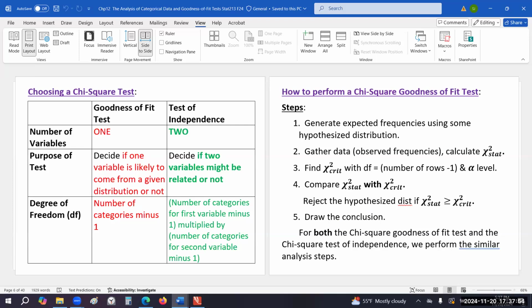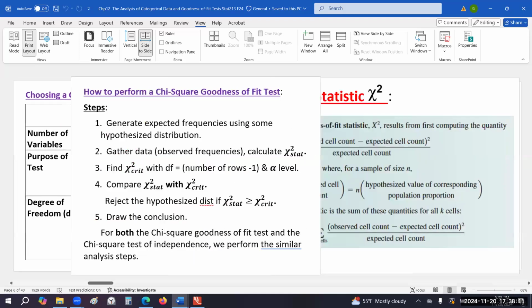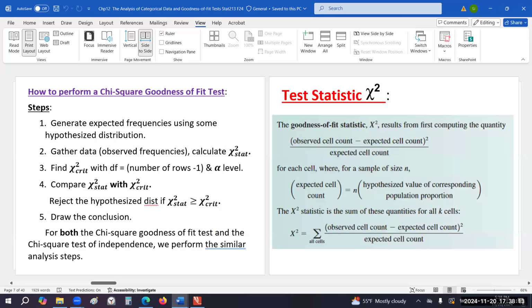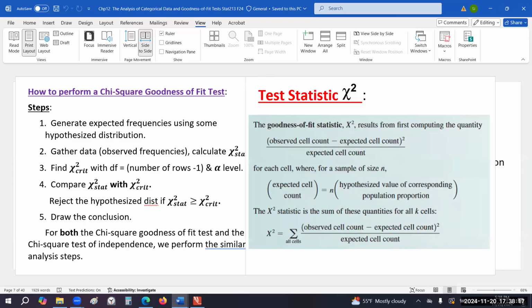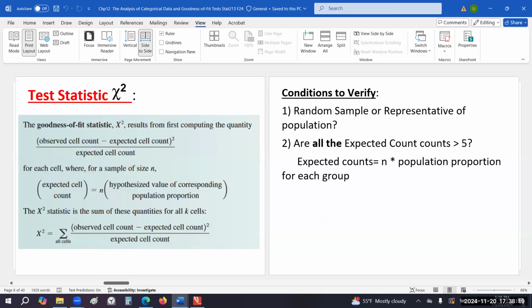And we do the same thing we did for the z-test and t-test. First, we need to find some type of test statistic and then the critical value. We compare them and then we see what conclusion we can make. Do you reject or fail to reject the null? And one of the conditions to apply chi-square is that all the expected counts must be bigger than 5.